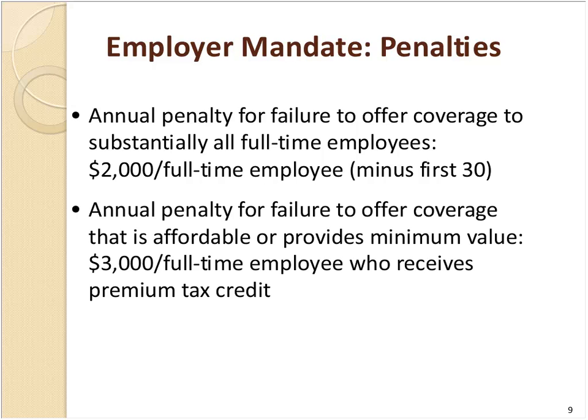It's triggered by one employee qualifying for subsidies under the exchange. So if you don't offer 95% of your employees affordable minimum value coverage, then the A penalty would be $2,000 times the number of full-time employees minus the first 30.